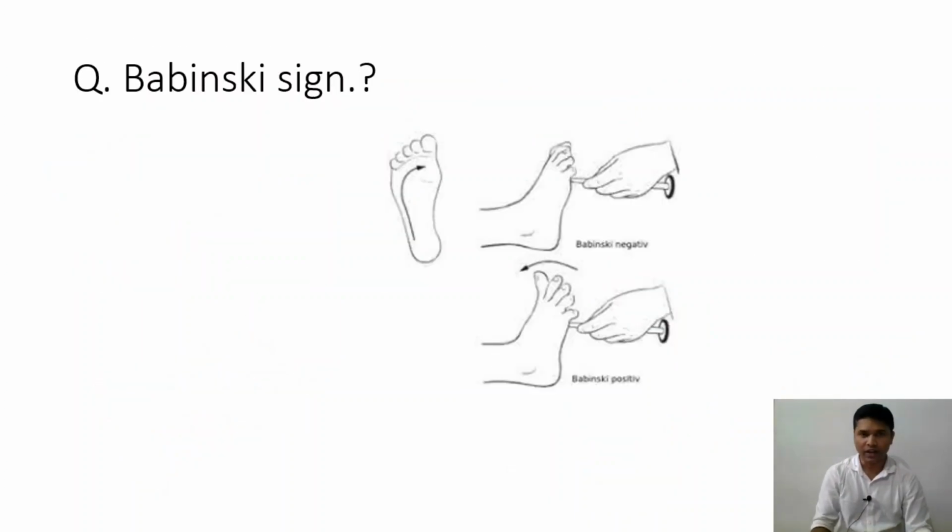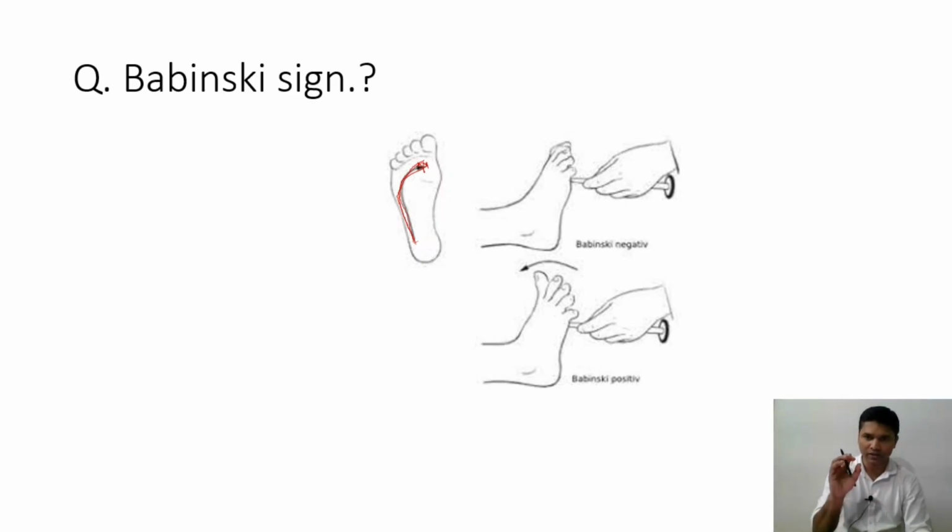Here is the Babinski sign. This picture is showing it. So what is the Babinski sign? We strike with a blunt object like keys the lateral surface or plantar surface of the foot, from lateral to medial up to this level. And normally two types of response you will get. One is Babinski positive and one is negative.